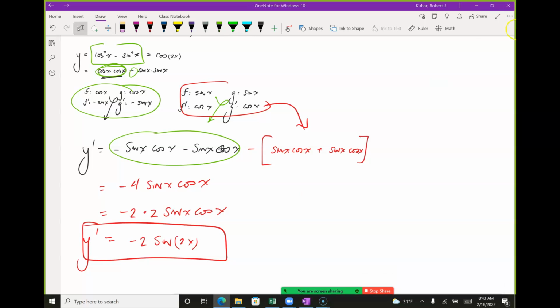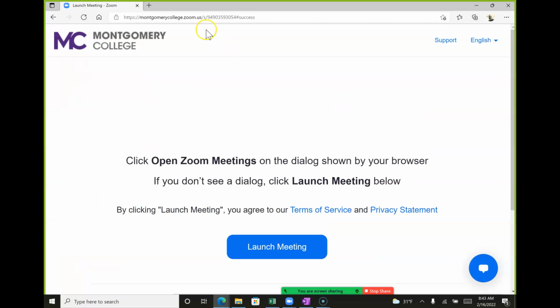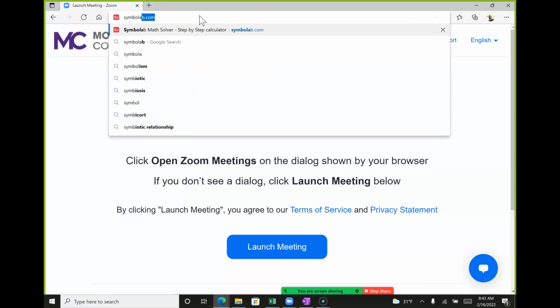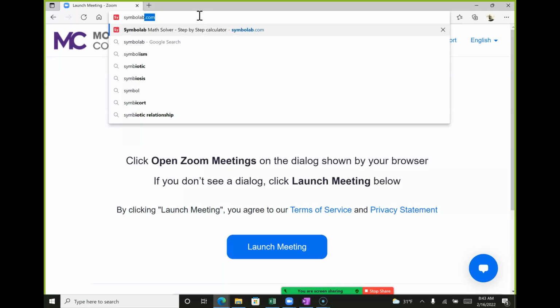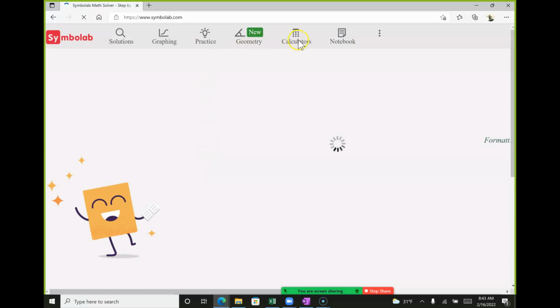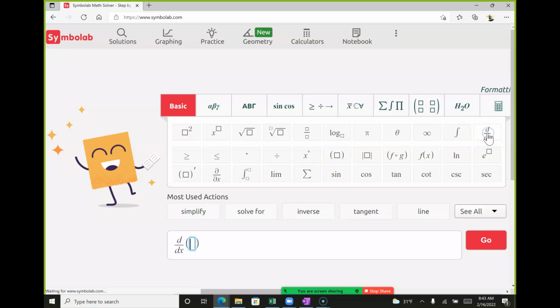Let me do a Symbolab real quick. Symbolab.com, and then I've got all my functions pretty close here. I'm looking for d/dx, my derivative. And what did I have? Cos 2x.